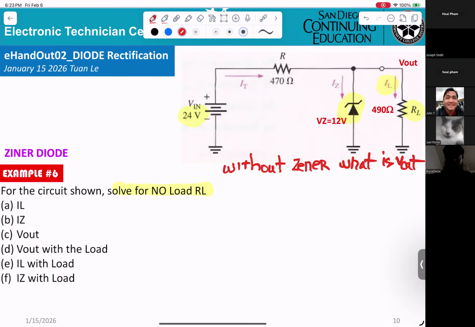Without load, what is VL? VL equals 24 volt. That means 24 volt here, correct?